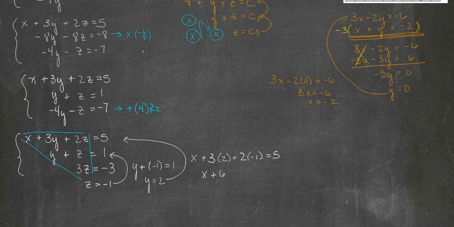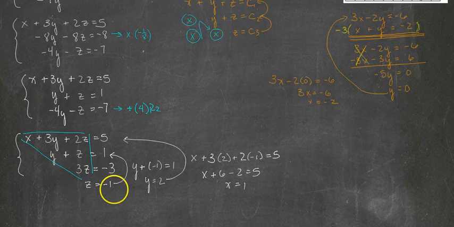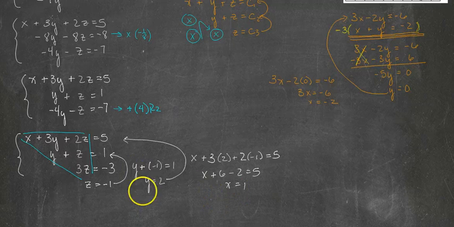X plus 6 minus 2 equals 5. Probably arithmetic you don't really need to see, but x plus 4 equals 5, so 5 minus 4, x equals 1. So these three planes intersect at x equals 1, y equals 2, and z equals negative 1.